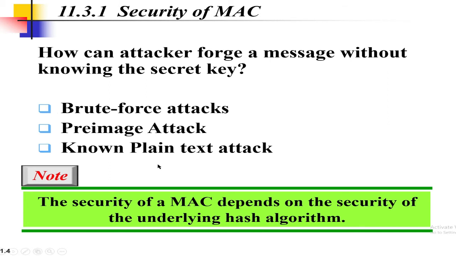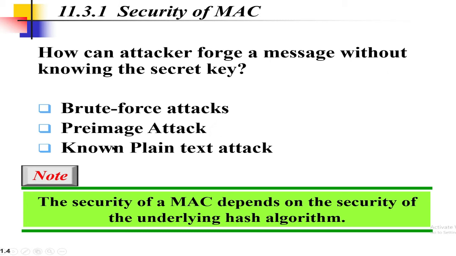Three types of attacks may be possible: brute force attack, pre-image attack, and chosen-plaintext attack. If the size of the key is small, the attacker may prepend all possible keys to the beginning of the message and make a digest to find one equal to the one intercepted. If the size of the key is large, the attacker can use another tool, the pre-image attack, and using this tool the attacker can find the secret key.